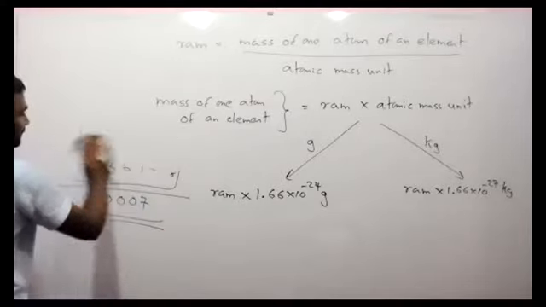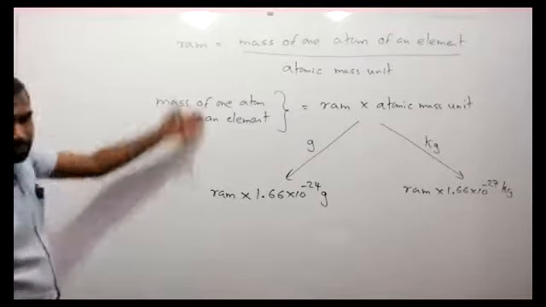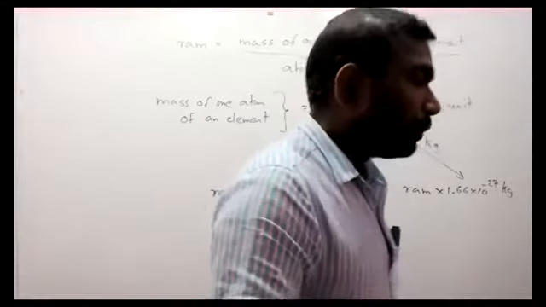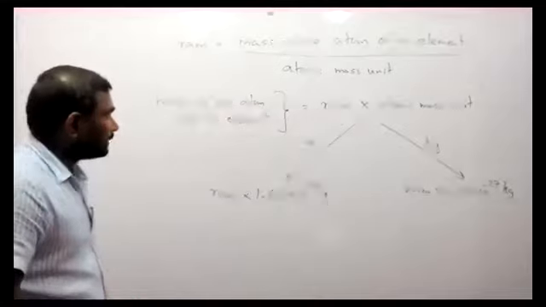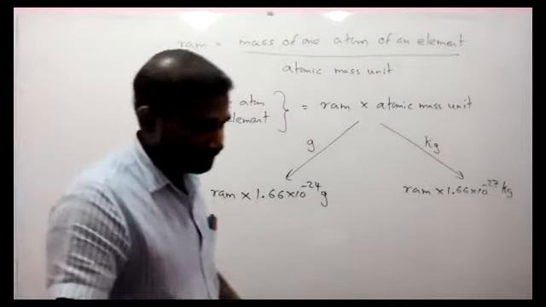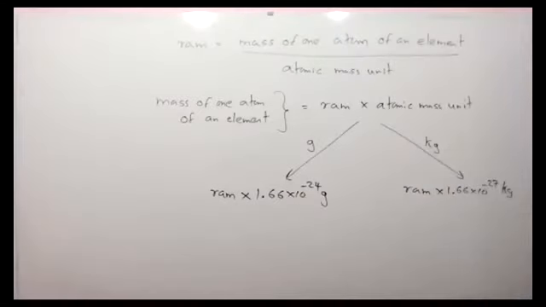Okay, write down, children. Quickly write it down. I told you, put a dot and write an equation to calculate the mass of one atom of an element. So under that you write down this. Quickly write, children.